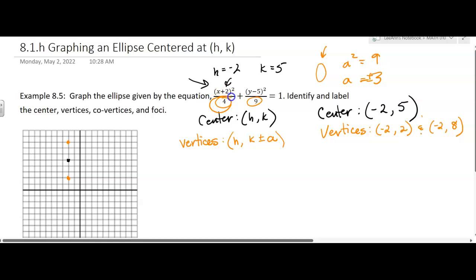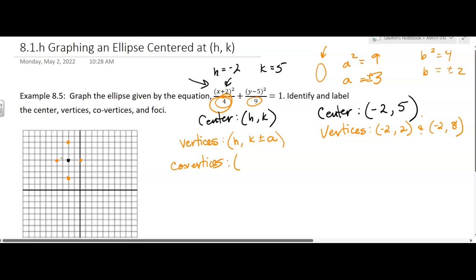So b squared is 4, and that means b is plus or minus 2. So the co-vertices are, let's graph it first. From the center, you're going to go 2 to the right and 2 to the left.